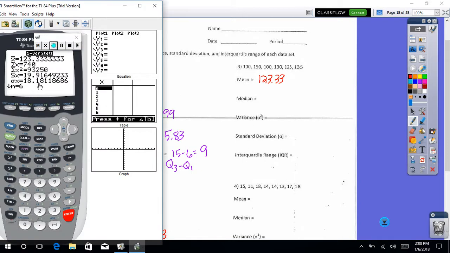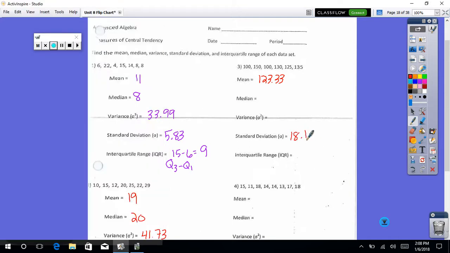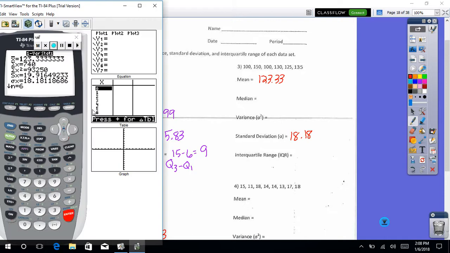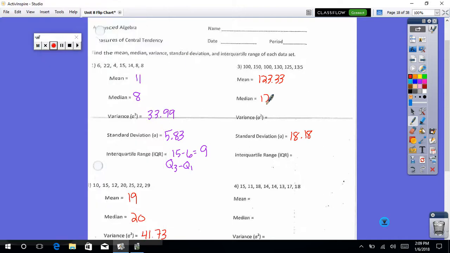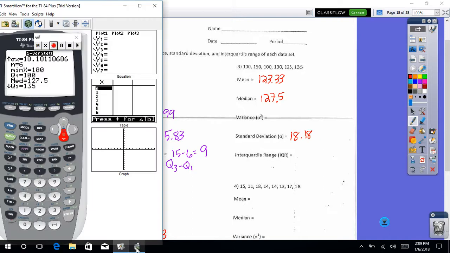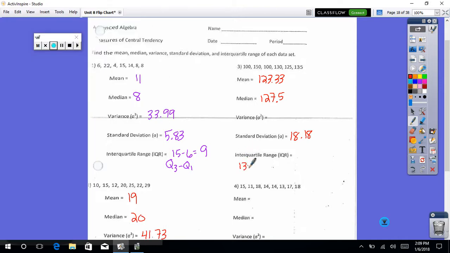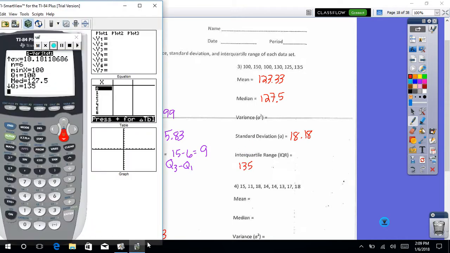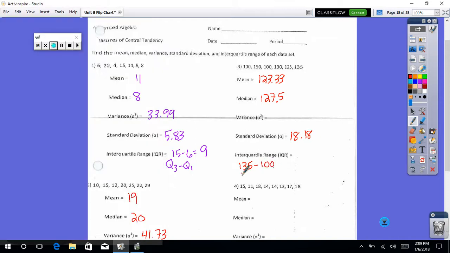My standard deviation right here is 18.18. Scroll down, the next thing listed is my median, 127.5. My IQR, again, is your Q3 minus your Q1. 135 minus 100.